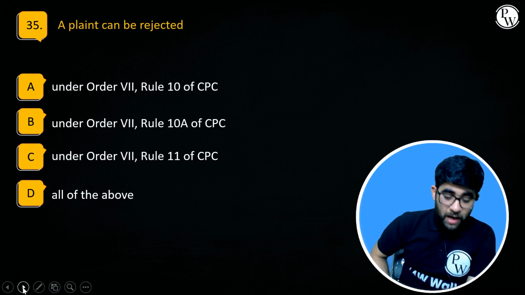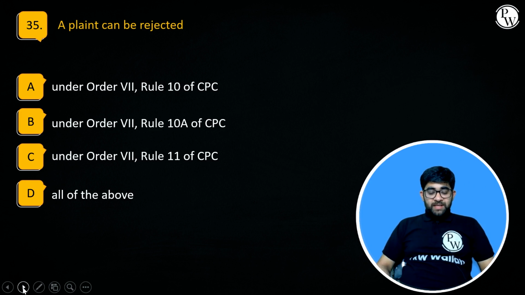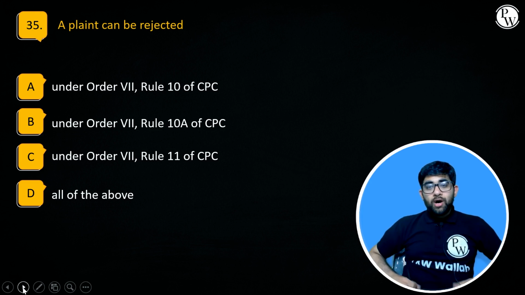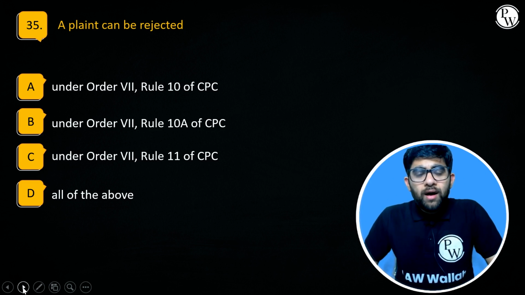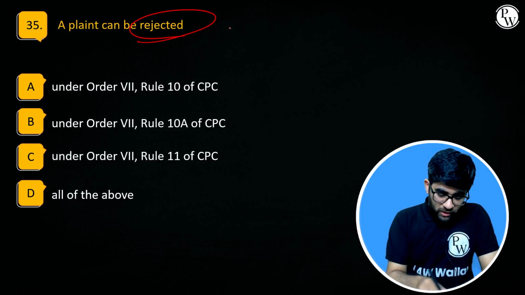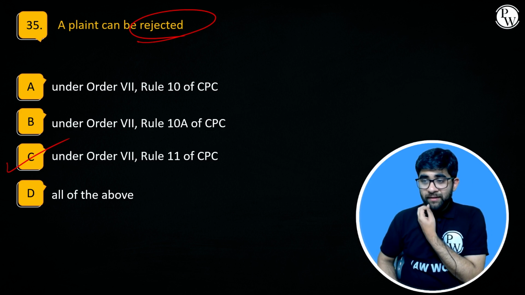A plaint can be rejected under Order 7, Rule 11 of CPC. Now the answer to this is, it's rejected. So the same is Order 7 Rule 11.